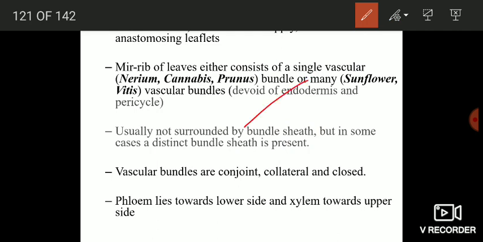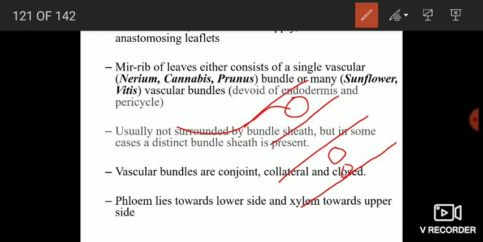This midrib possesses either a single vascular bundle or more than one vascular bundles. Examples of single vascular bundle are in Nerium, Cannabis, Prunus, and many vascular bundles are found in case of sunflower and Vitis.